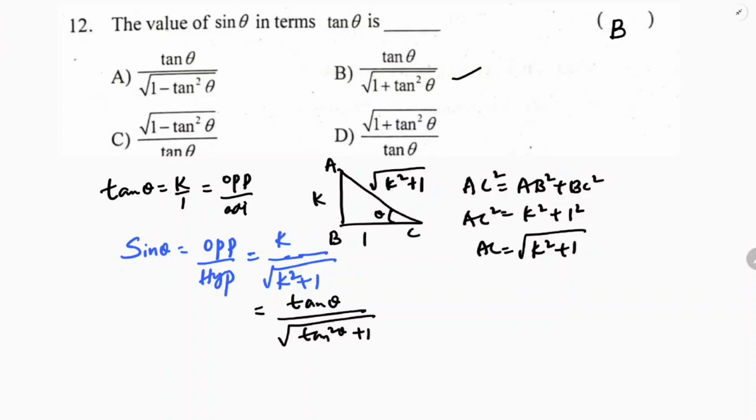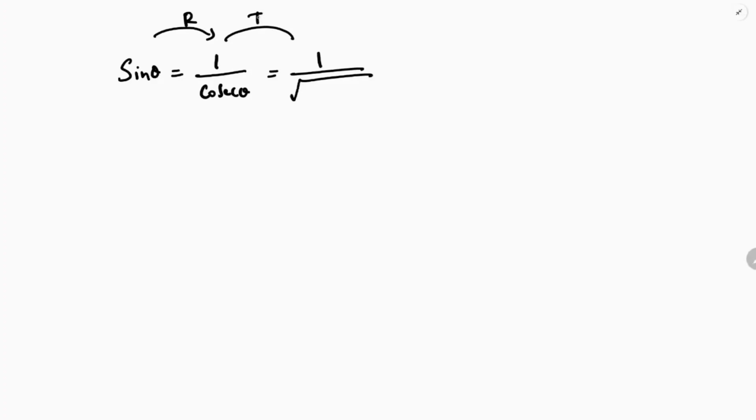You can solve this one by using identities also. For example, you need sine theta in terms of tan theta. So sine theta you can write as 1 by cosec theta. There will be 2 ways. So I took reciprocal. Next step, identity. Cosec square theta is 1 plus cot square theta, so under root.